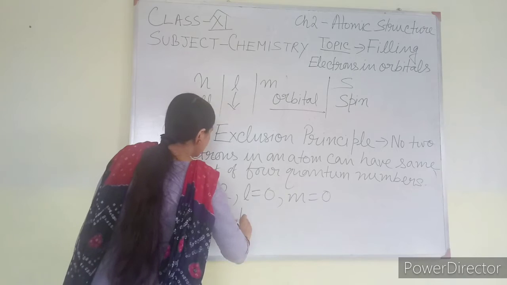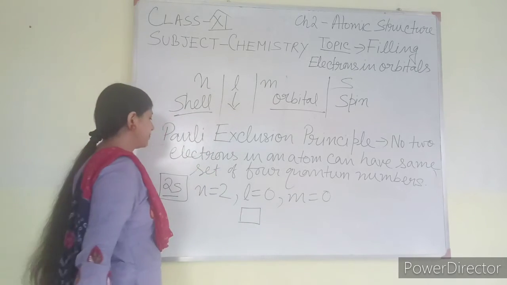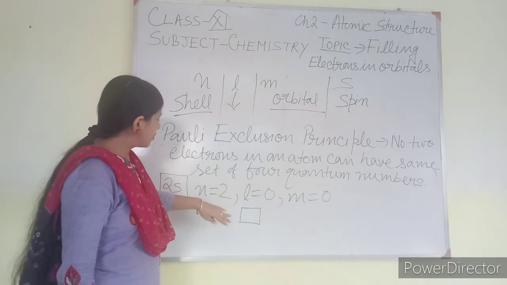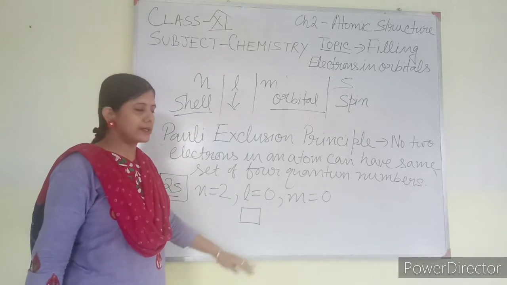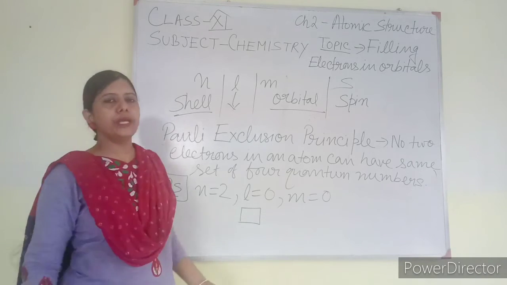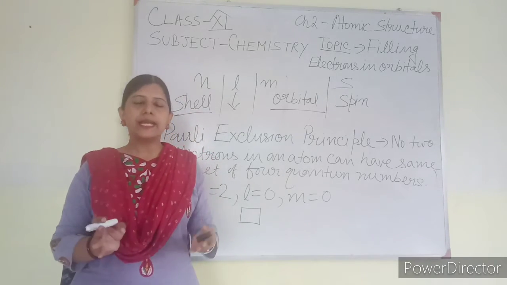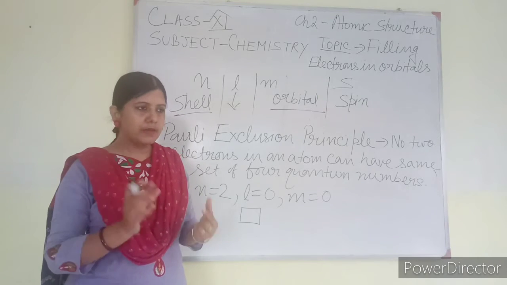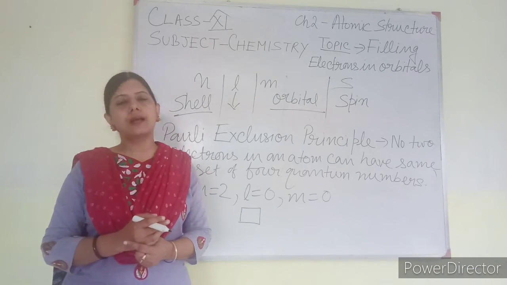Now I will represent the orbital like this. Inside this orbital there are 3 or 4 electrons that want to enter. How will they enter? We know that the spin quantum number denotes the rotation of the electron around itself.